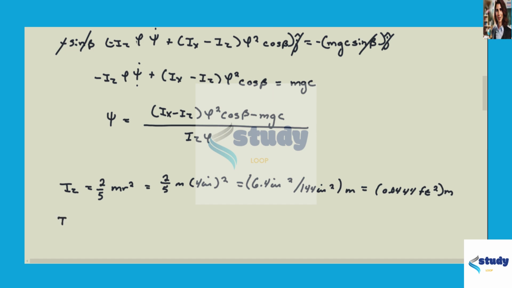And now your I_x is going to equal 2/5 m r squared plus c squared m. In here we have 2/5 m 4 inches squared plus 10 plus 4 inches squared m.